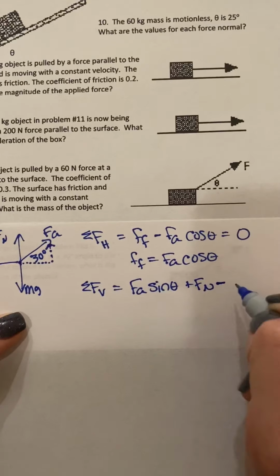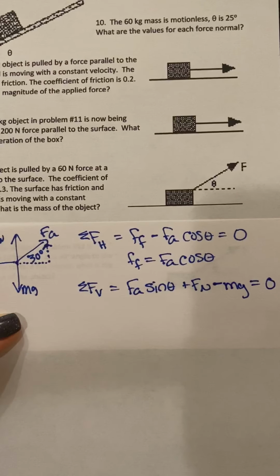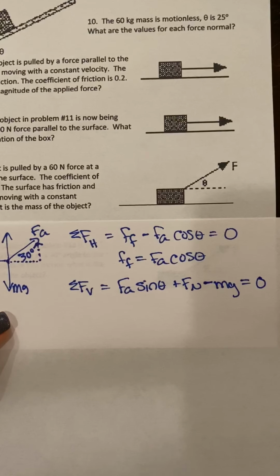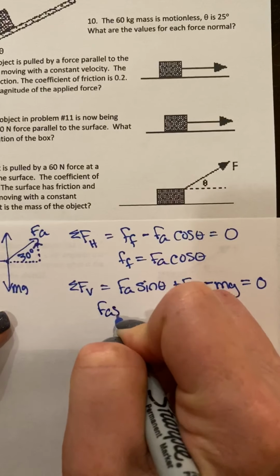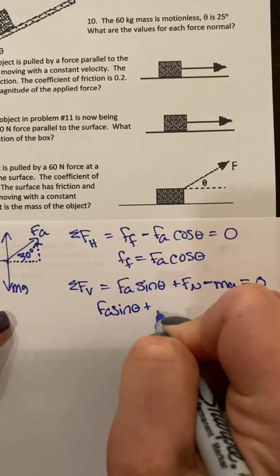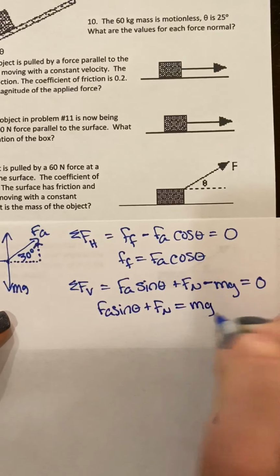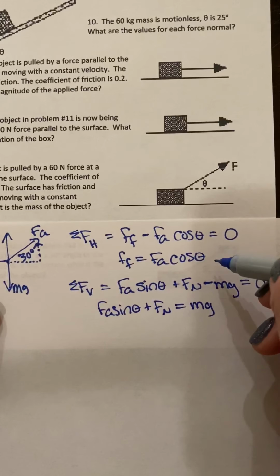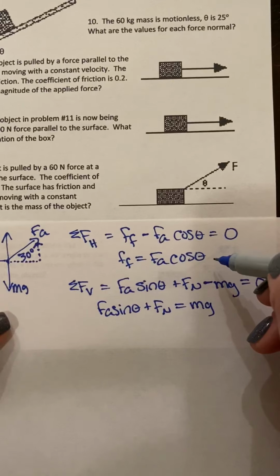So I'm going to subtract mg, and they are also equal to 0, because this thing is not accelerating in the vertical direction. So when I rearrange my equation, FA sine theta plus force normal, my upward forces, are going to be equal to my downward forces. And the other equation is saying that my leftward forces are equal to my rightward forces.